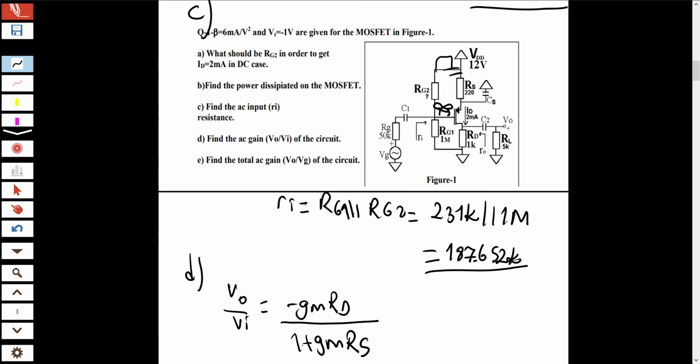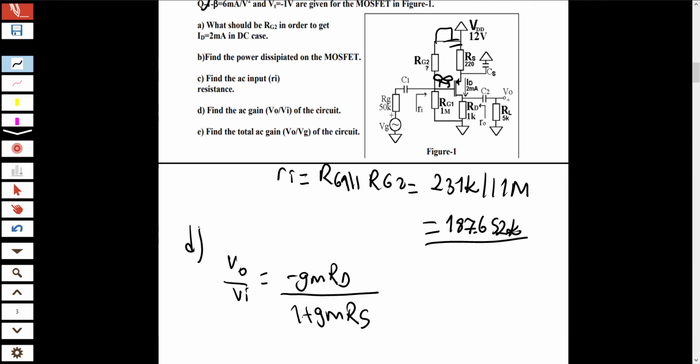But be careful, there is no R source component in this question. Why? Because in AC case this capacitor will be short circuited. Look at here. So our source will be between two grounded, so there will be no source resistance in AC case. So my formula becomes minus Gm times Rd.